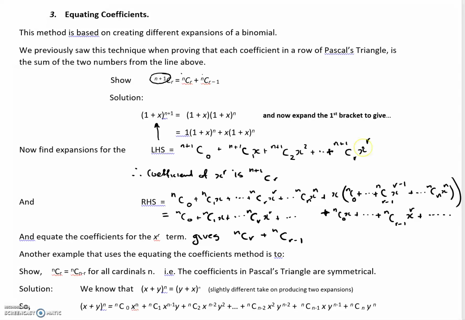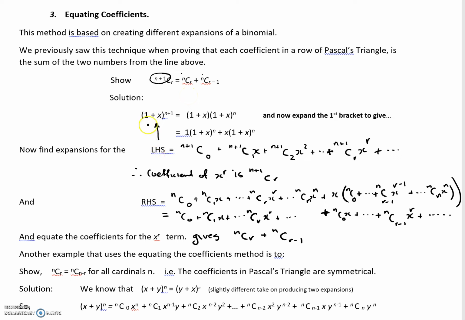We are going to include an NCR term, because remember this method is equating the coefficients, and the general coefficient would be the coefficient of x to the r, because specifically here in the identity they used NCR, which is implying that we want the coefficients of x to the r.